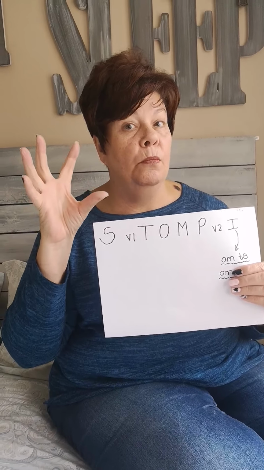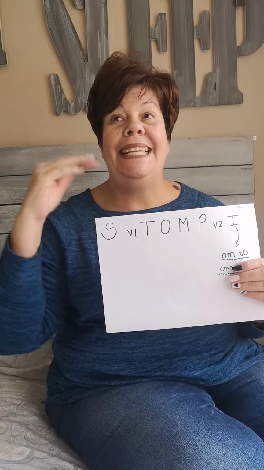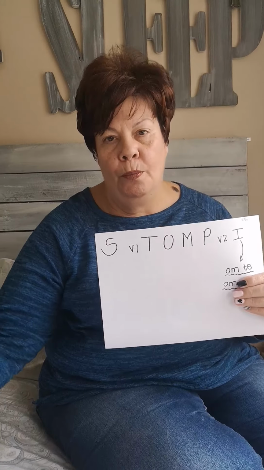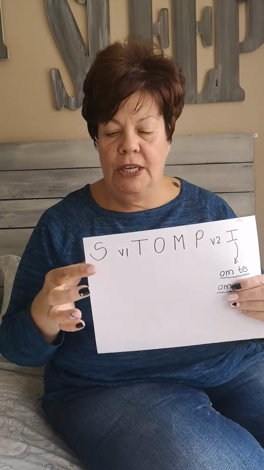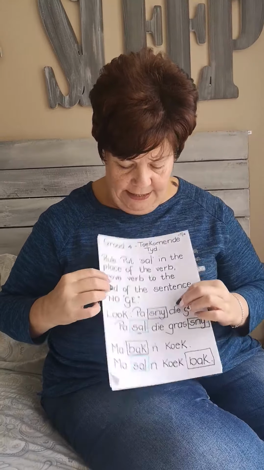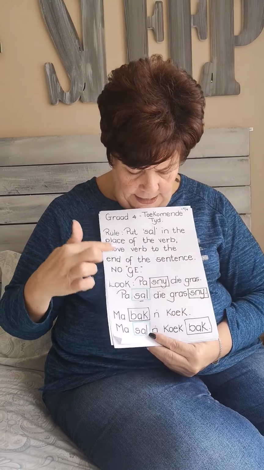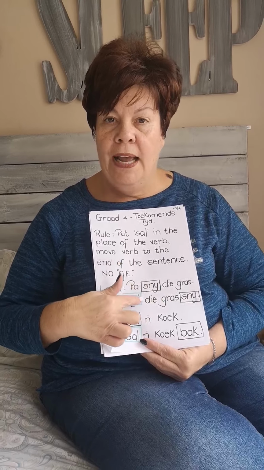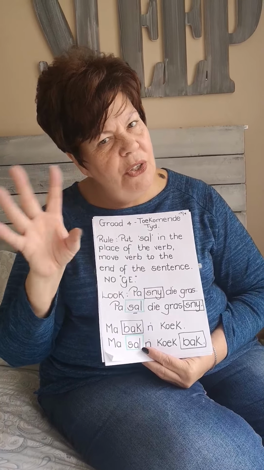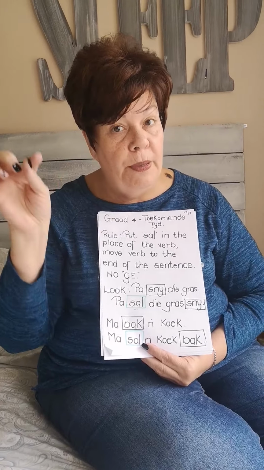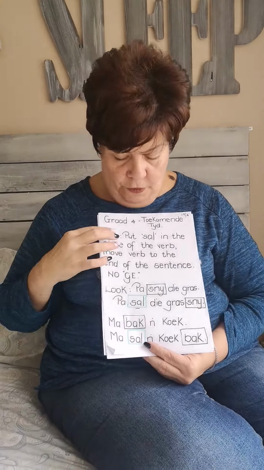Sometimes the subject is more than one word, soos die kind, 'n hond, my oma, hulle tannie. Just remember, always go look for my verb. What I want you to do when you do these sentences is draw a little square around your verb. Don't worry, we're not going to do this forever. It's just until we learn where the verb is, or just until we learn what we've got to look for.